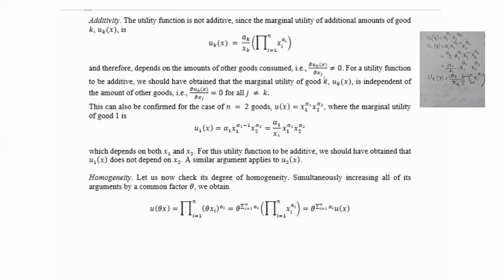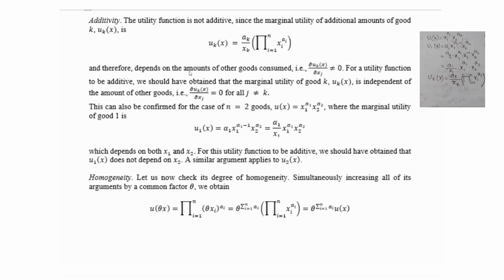That means another good. So if this derivative is not equal to 0, that means the marginal utility of good k depends on another good xj. So this function will not be additive.